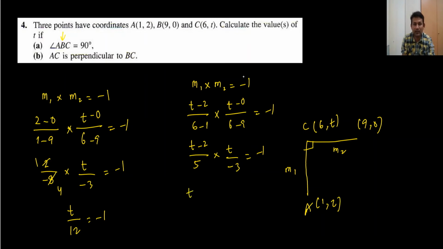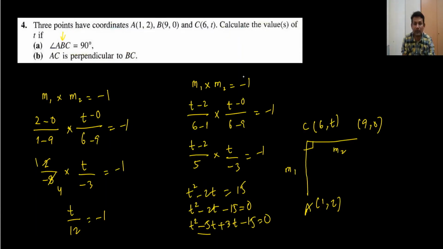So we multiply, t squared minus 2t is equal to 15. t squared minus 2t minus 15 is equal to 0. Make the factors: we need two numbers that add to minus 2 and multiply to get 15, that is 5 and 3, I think so. Minus 5t plus 3t.